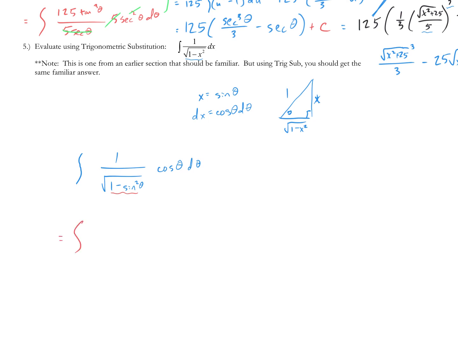Make that substitution. 1 over the square root of cosine squared theta times cos theta d theta. Well, in the denominator, the square root of cosine squared is just 1 over cosine theta times cosine theta d theta. See how much more direct this one is to simplify? Oh, and hey, my cosines cancel out. Cosine there, cosine there.